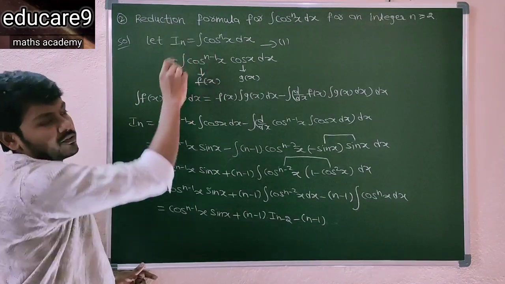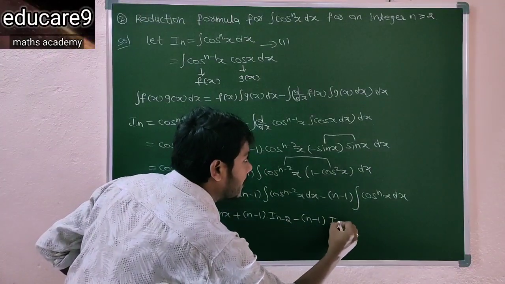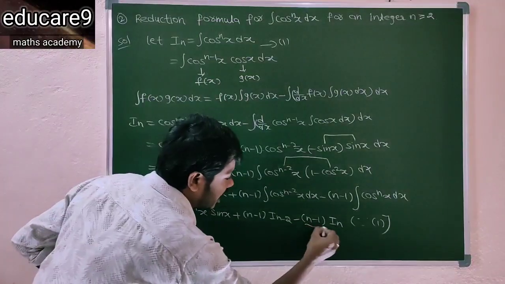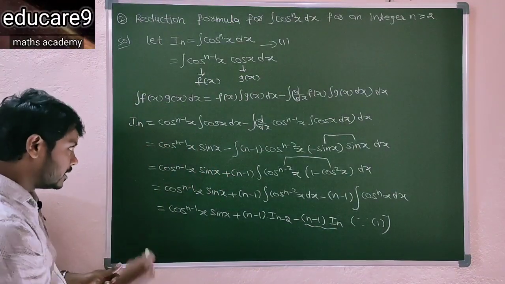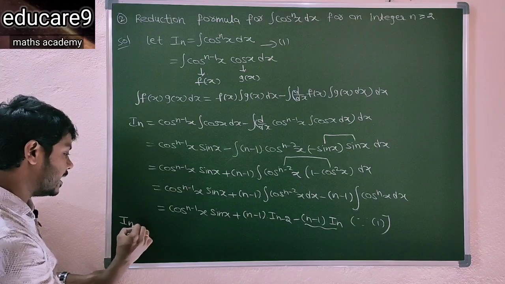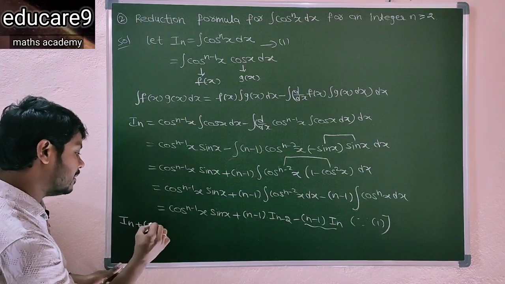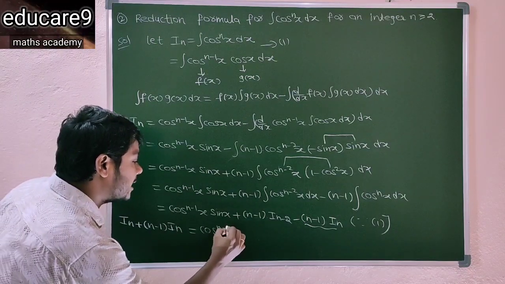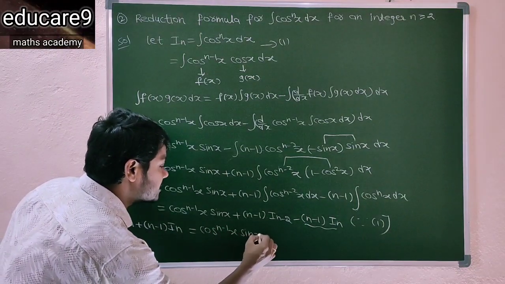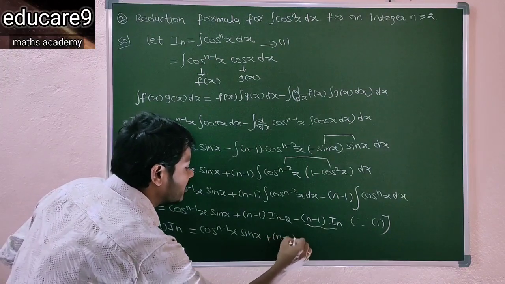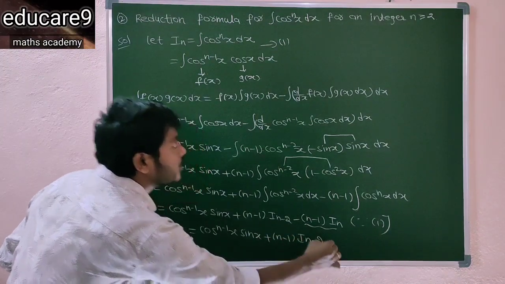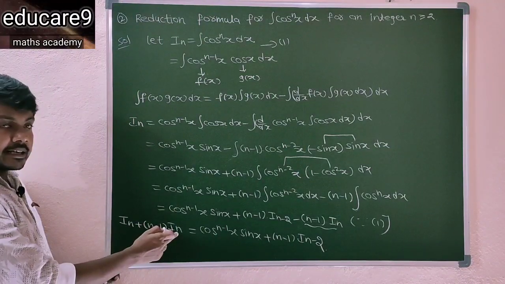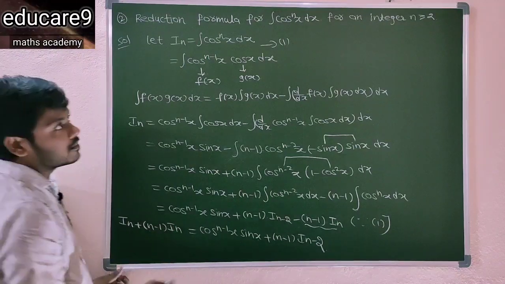So from equation 1, that value is In. Now send this value to the left side. It becomes here In plus (n-1) In is equal to cos^(n-1) x sin x plus (n-1) into I(n-2). So clearly here plus In and minus In, you will get n into In.